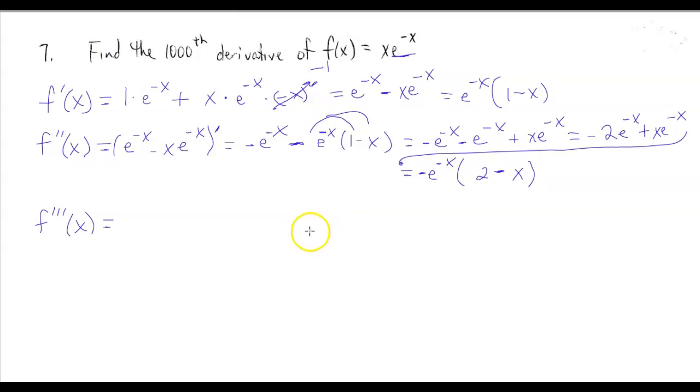So for the third derivative, I'm going to take the derivative of the second derivative, and this is a good form of the second derivative to take here. So I'm going to take the derivative of what I got going on here.